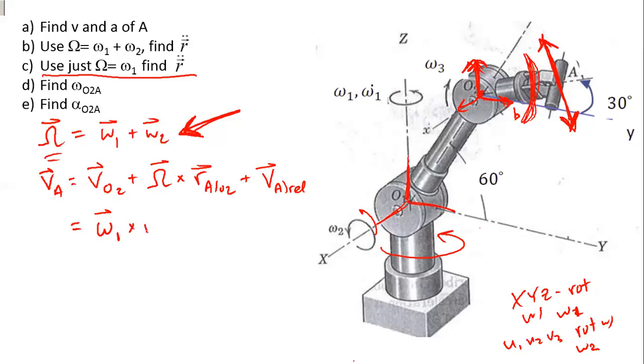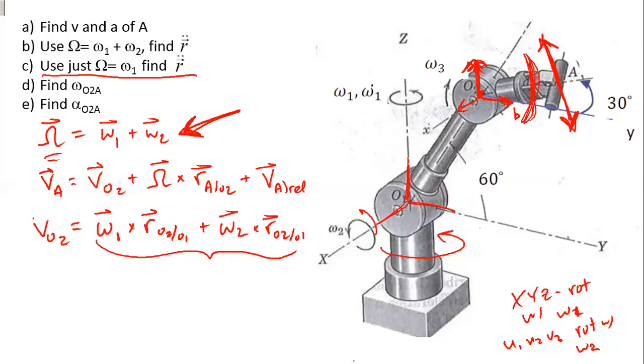So this is going to give it a velocity. This is going to be like an O2 from O1, and the omega 2 is giving it a velocity. So this whole thing right here, that's going to be VO2.